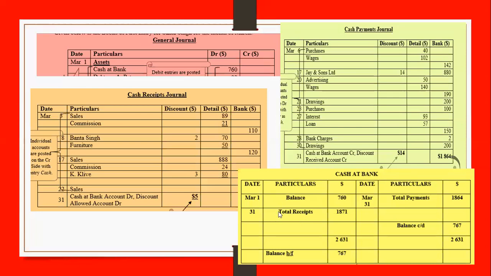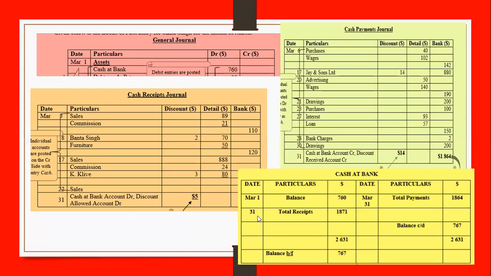Okay, on the debit side, I have total receipts. And this 1871, I have placed in my cash at bank ledger. This 1871 will appear over here. This is the total of the cash receipts journal, 1871.